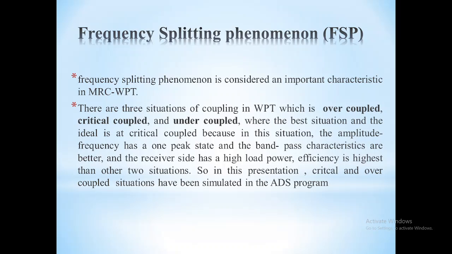The best of these is the critical coupled level, because the amplitude of the frequency response has one peak and the maximum power transmission efficiency becomes high at the resonance frequency. Also, the receiver side has higher power than in the other two situations, the over or undercoupled levels.